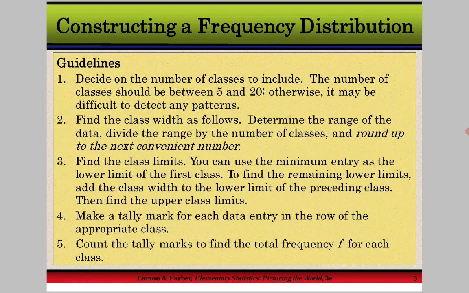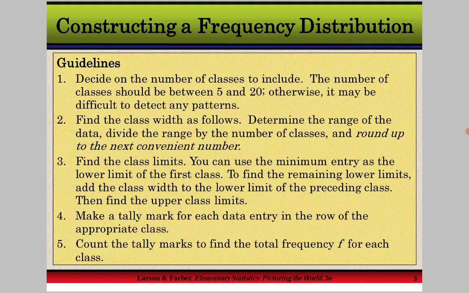The next step is to find the class width as follows. Determine the range of the data, divide the range by the number of classes, and round up to the next convenient number. So here we are using the terms class interval, range, and class width.